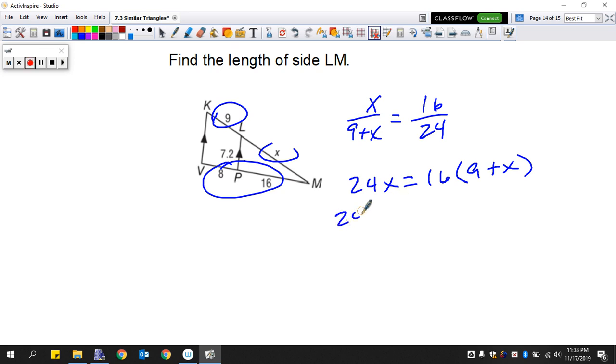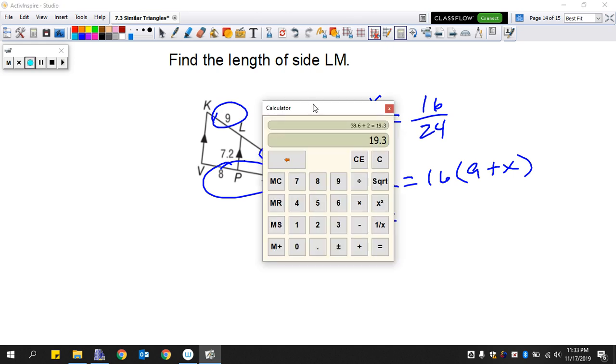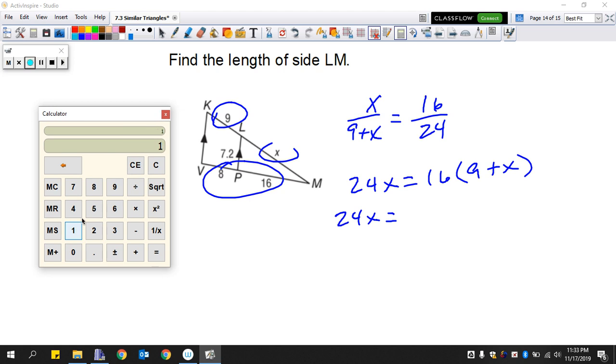So we simplify: 24x is equal to 16 times 9, which is 144, plus 16x.